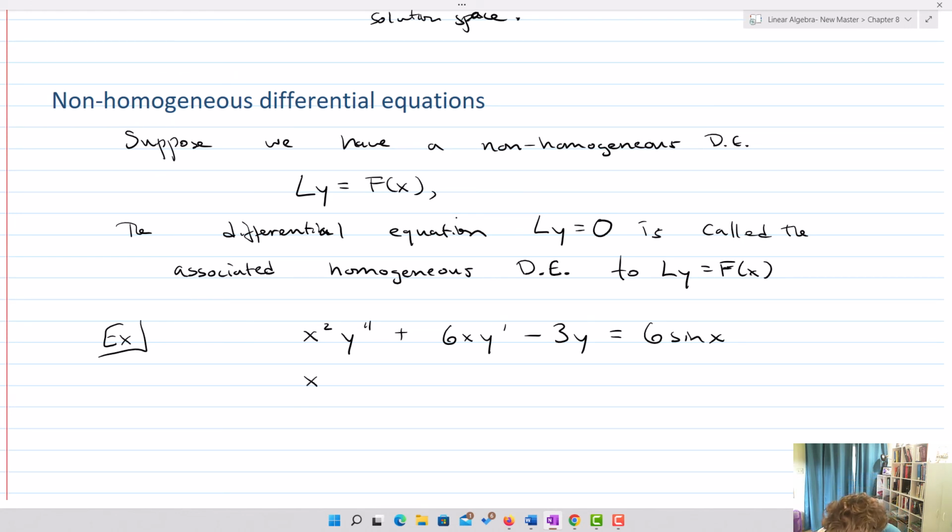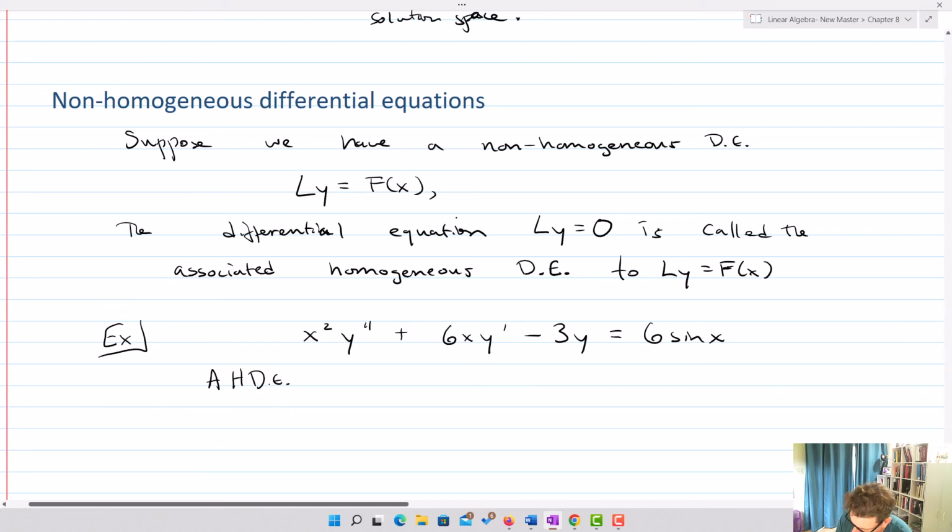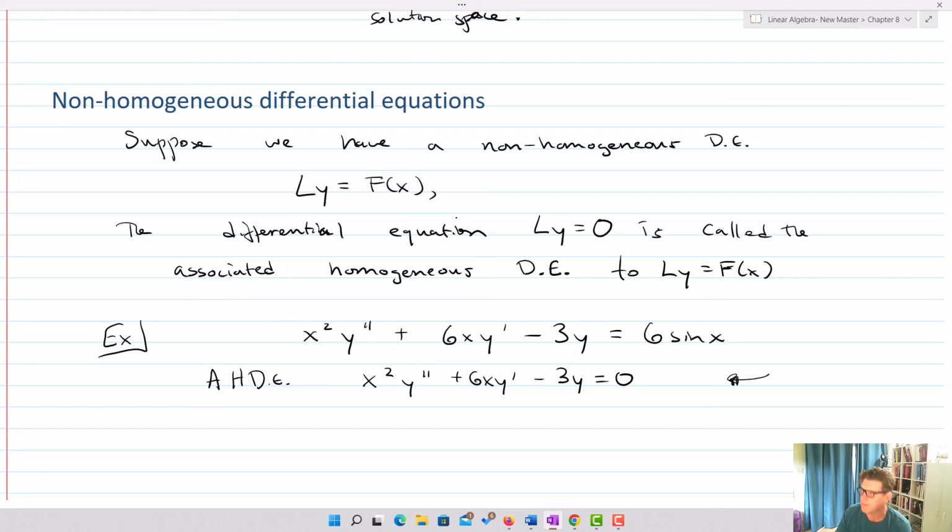So we get x squared y double prime plus 6xy prime minus 3y equals 6 sine x. My associated homogeneous DE is just going to be x squared y double prime plus 6xy prime minus 3y equals 0. So we're going to have methods for solving the homogeneous parts, and then some methods for finding the non-homogeneous parts.